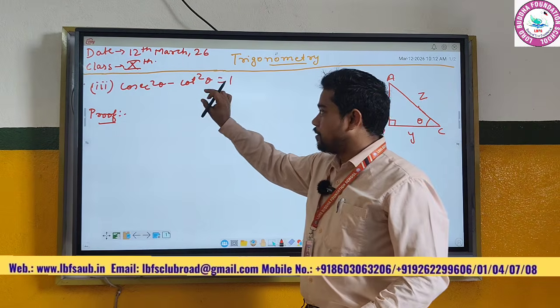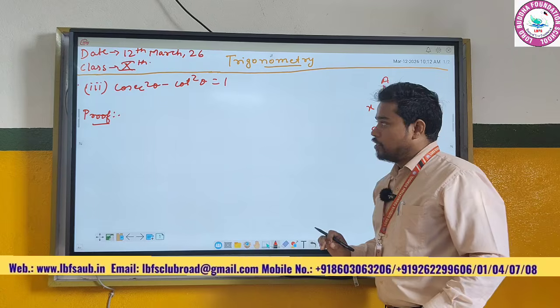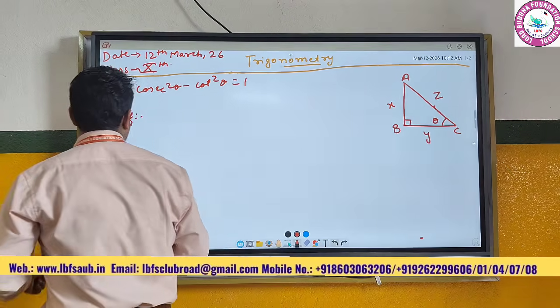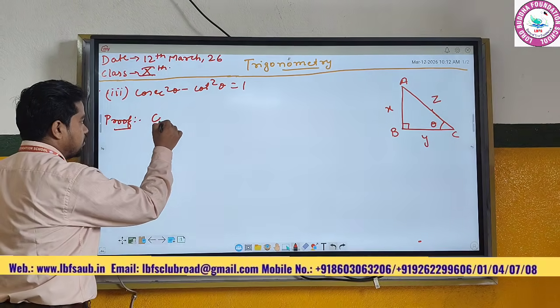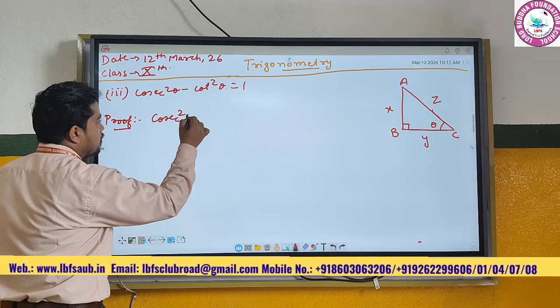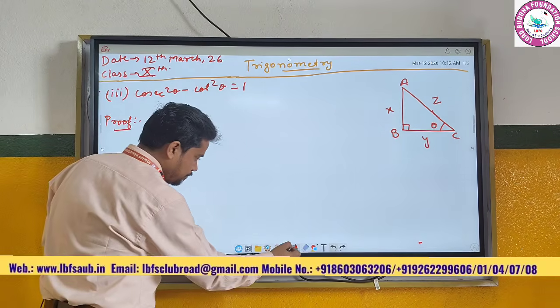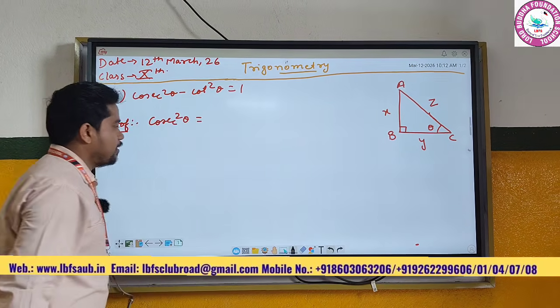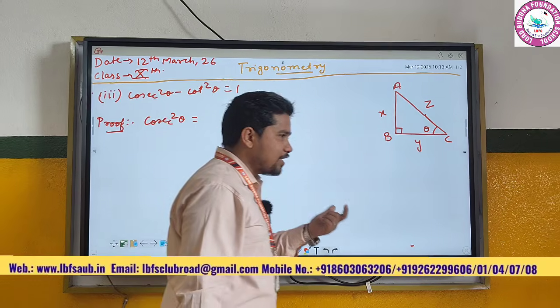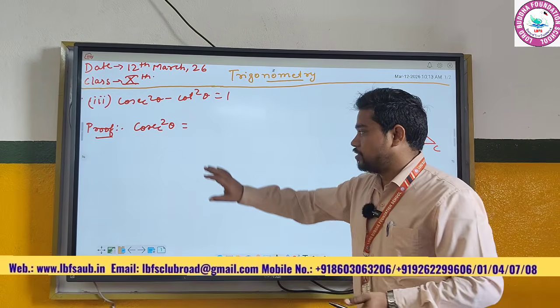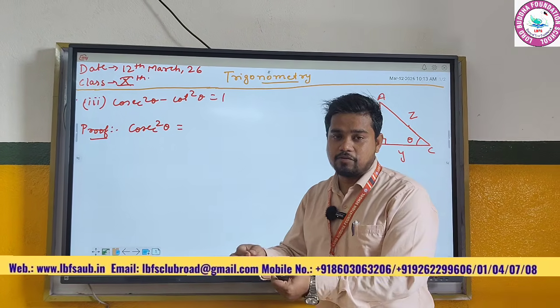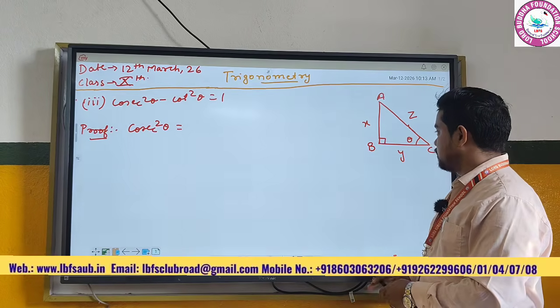Like cosec square theta minus cot square theta is equal to 1. So first of all, we have to find out the value of cosec square theta. We know that cosec square theta is the inverse of sin square theta.